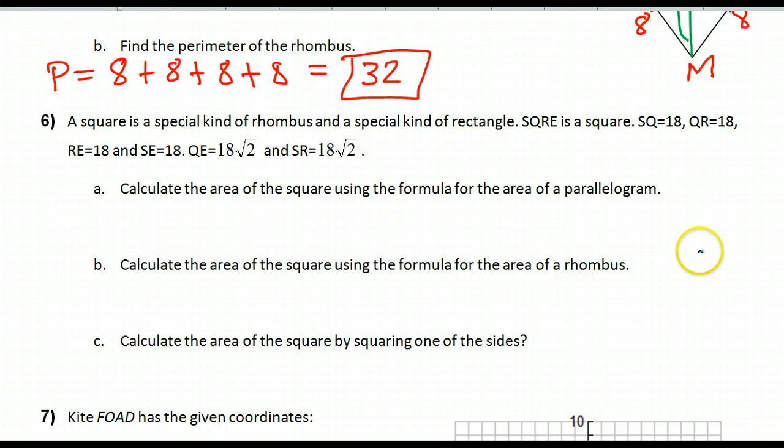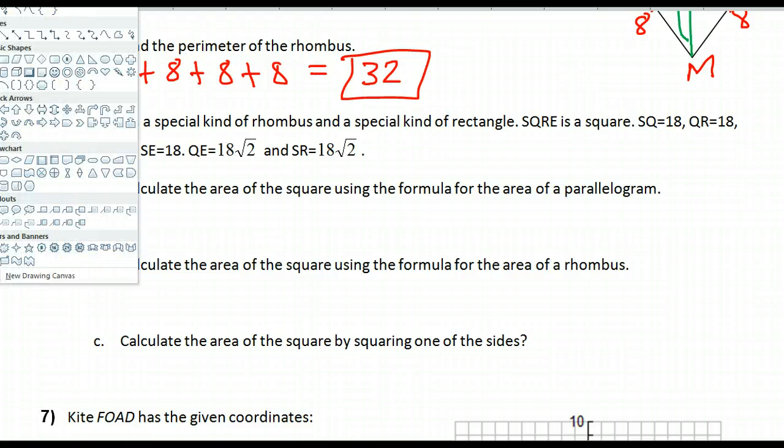Okay, looking at number 6. The square is a special kind of rhombus and a special kind of rectangle. Okay, so we've got the square, we're given some sides. Maybe we should draw a picture. Here's the square.